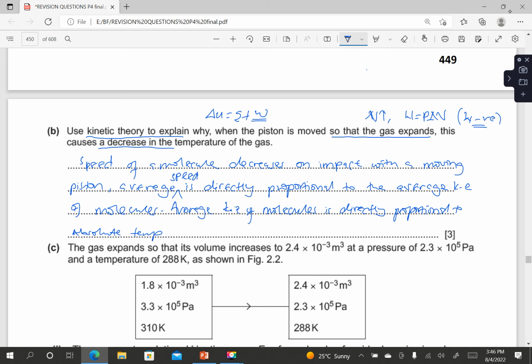Therefore, since the kinetic energy of the molecules decreases, the temperature decreases.